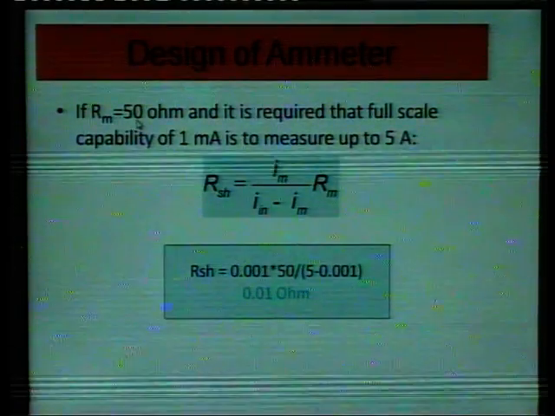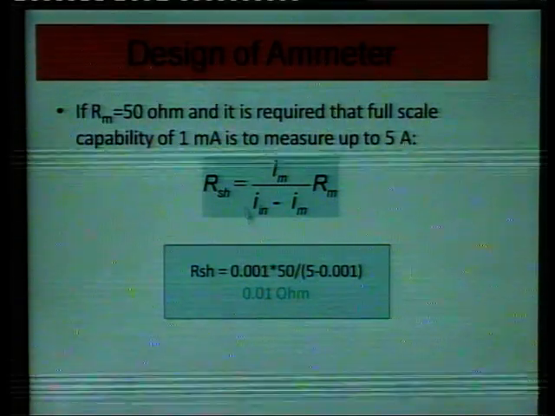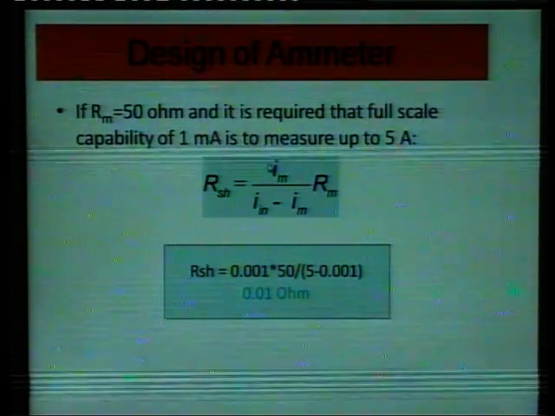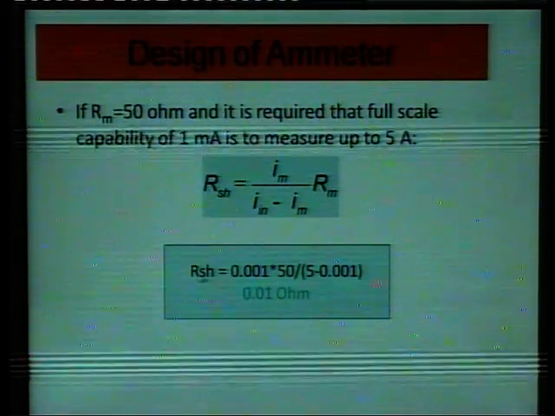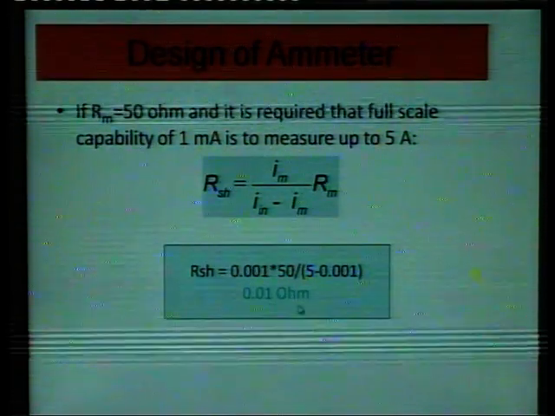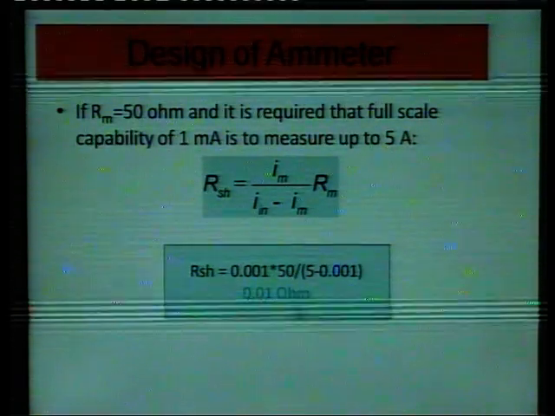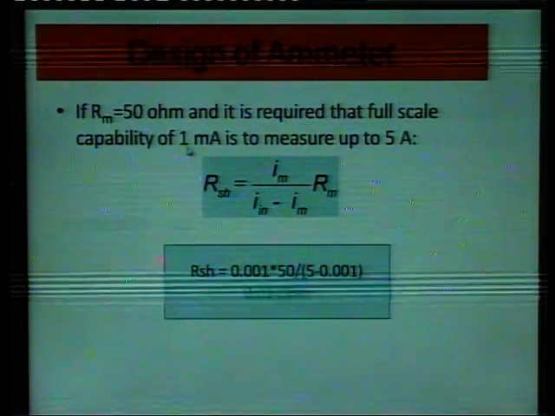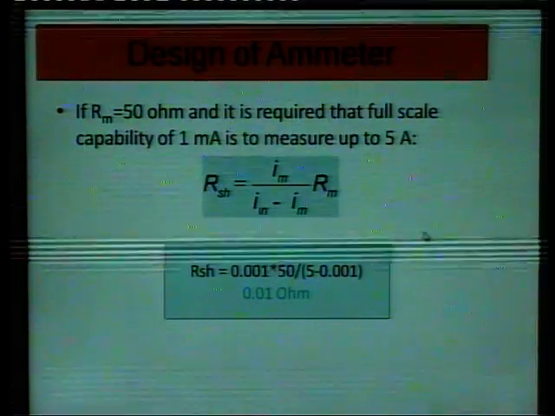We have to find the shunt resistance. So shunt resistance is I_m divided by (I_in minus I_m) into R_m. Substituting all these values, the shunt resistance comes out to be 0.01 ohms. That is, by connecting this low resistance in parallel, you can change its range from 1 milliampere to 5 ampere.